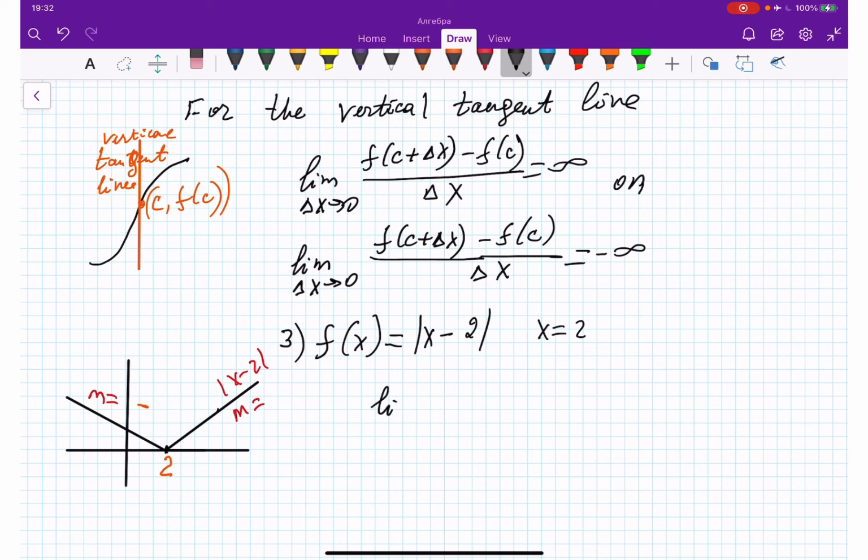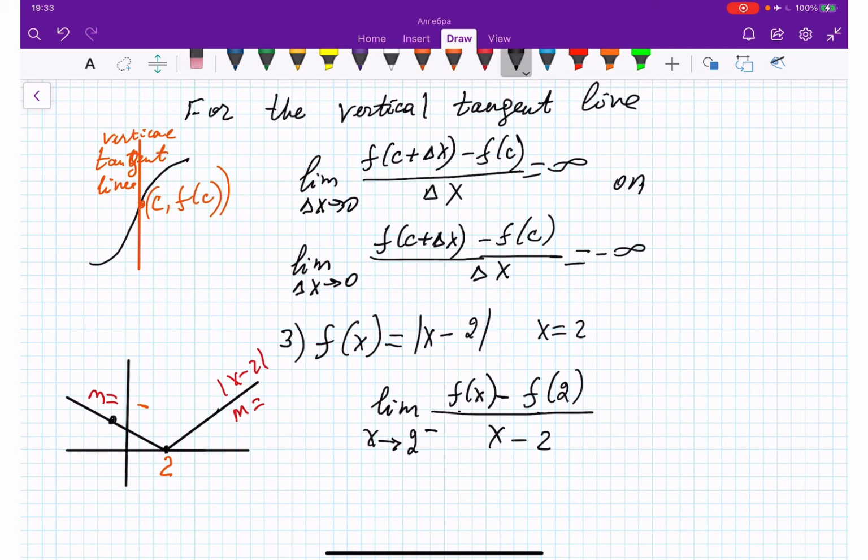So, limit as x approaches 2 from the negative side, let's say. We have f of x minus f of 2, that's our point, f of 2, right? Any value of x, and this is a starting point, this is an ending point, or starting point, ending point, it doesn't matter. Okay, x minus 2, right?